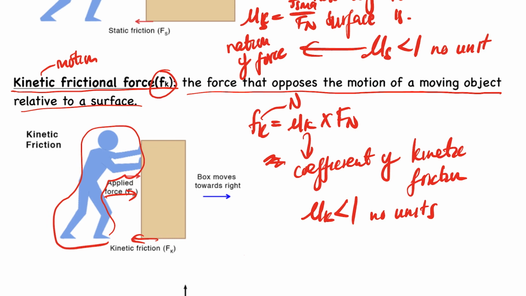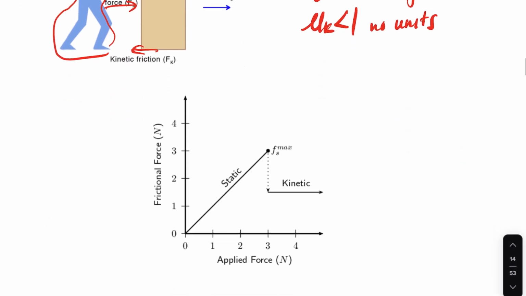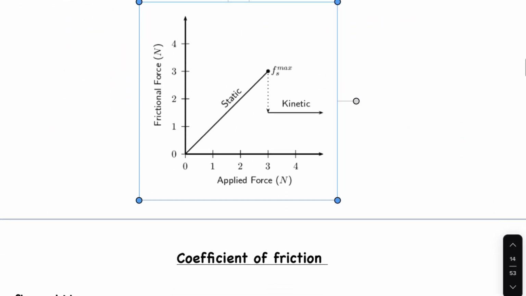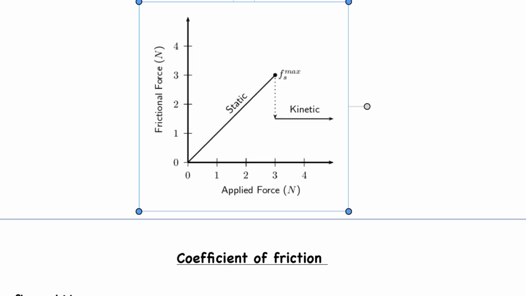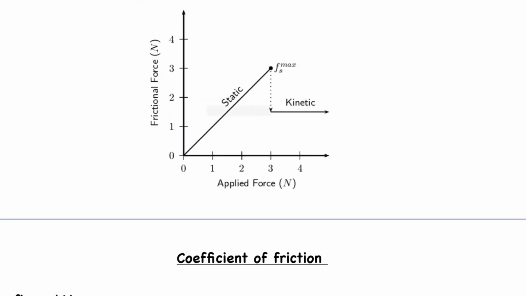Let's look at this graph, as I promised that I'll show you what's happening when an object is not moving. Let's say an object is just sitting there without an applied force, so there will be no friction there. There will be zero friction.